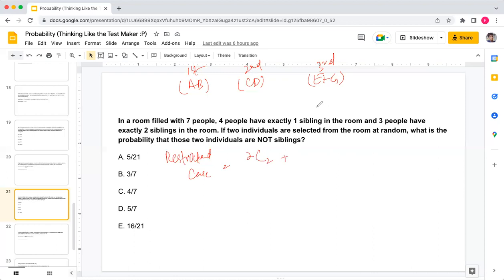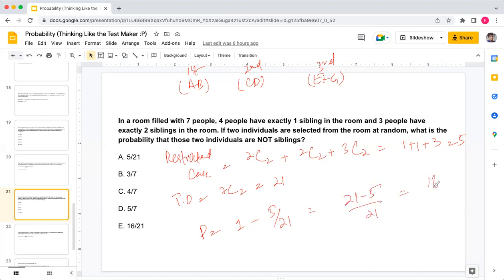If those 2 are from the second pair, again 2C2. If these 2 are from the last group, that is 3C2, and total outcome is 7C2, which is 21. So this is 1 plus 1 plus 3, which is 5. So the overall probability will be total minus restricted case, which is 21 minus 5 by 21, which is 16 by 21. Yes, I follow this rule.